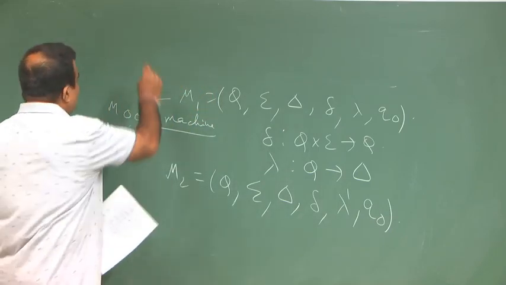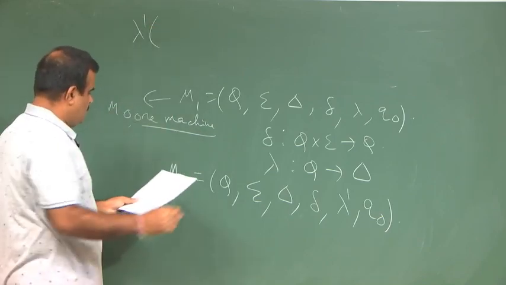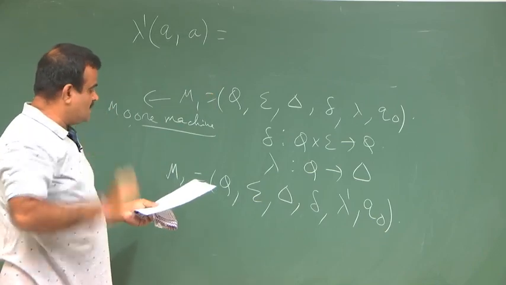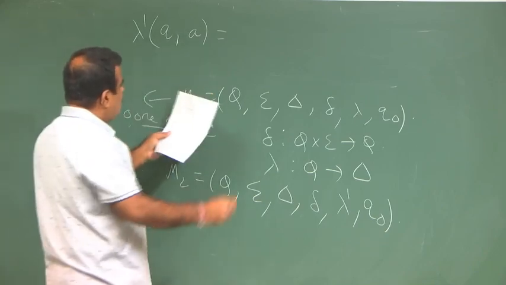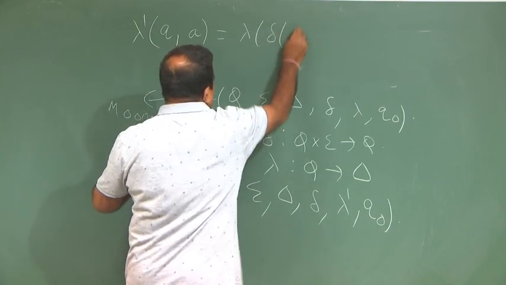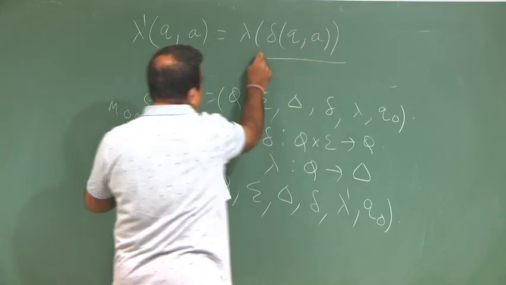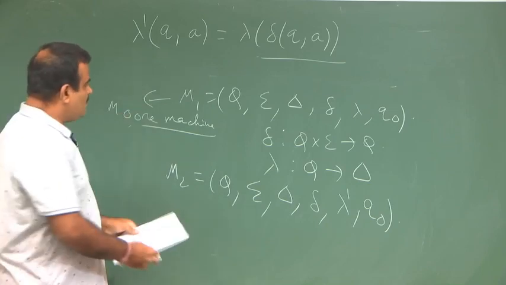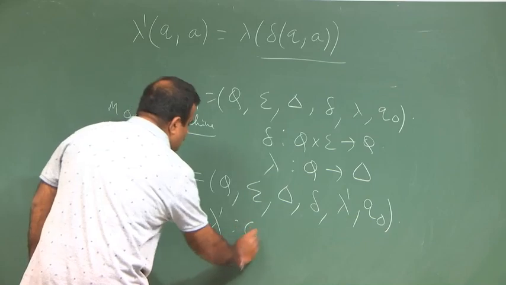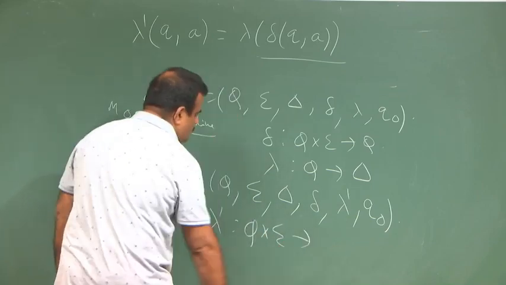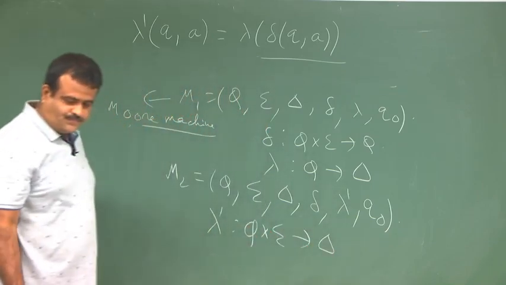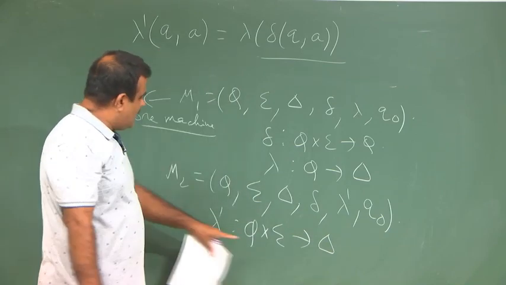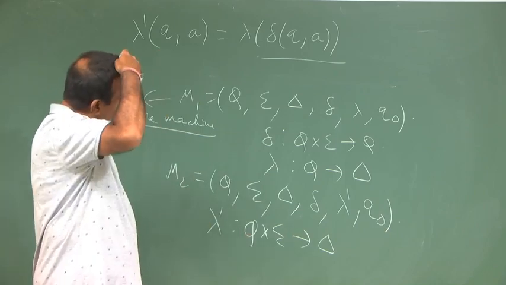Okay. So lambda prime of q, a will basically be lambda of delta of q, a, that is all, because for the Mealy machine lambda prime is a function of Q cross sigma to the output alphabet. So for that we need to take a q from here and take an a and give the output.